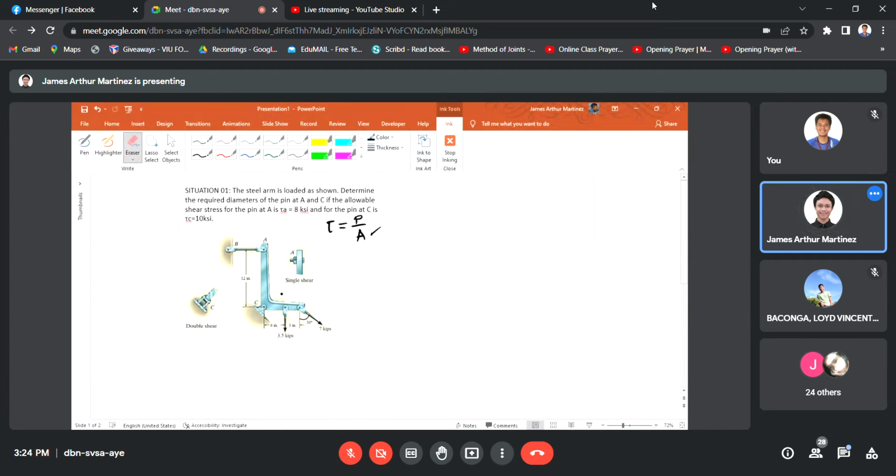So, analyzing our figure, we draw the free body diagram.